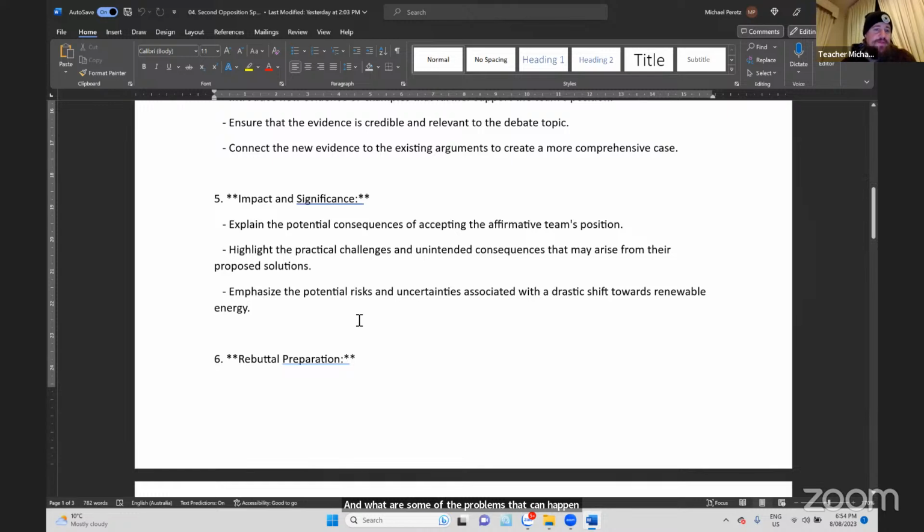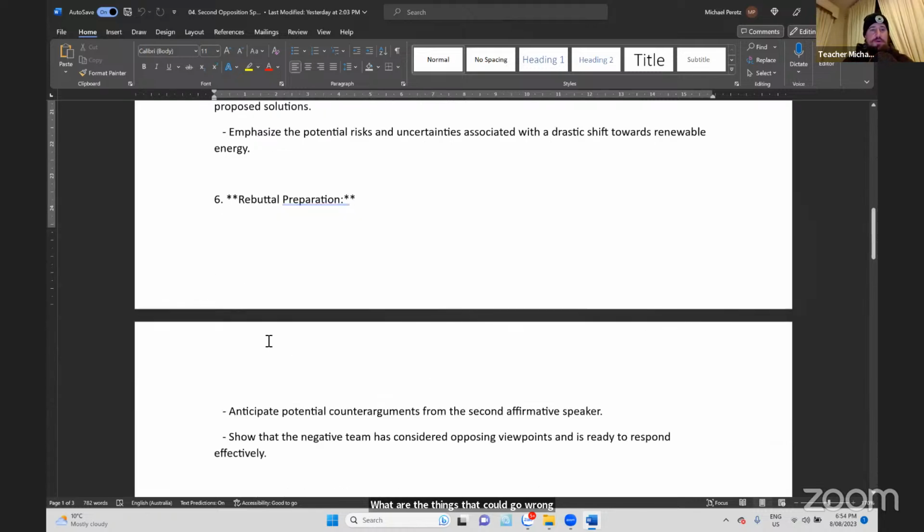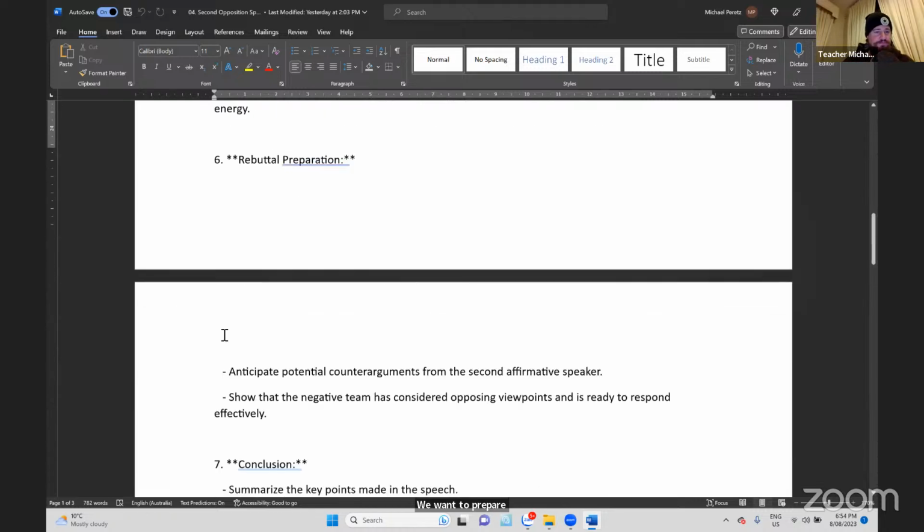And finally, we want to bring attention to any risks or uncertainties associated with believing their motion. So what are the things we don't know about that we should consider? And what are the risks? What are the things that could go wrong? We want to prepare for rebuttal.